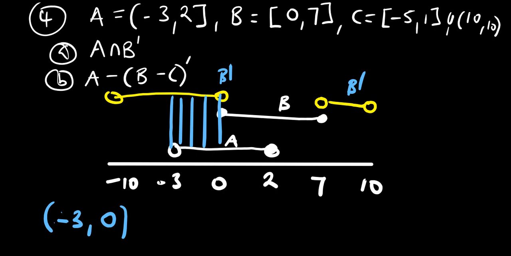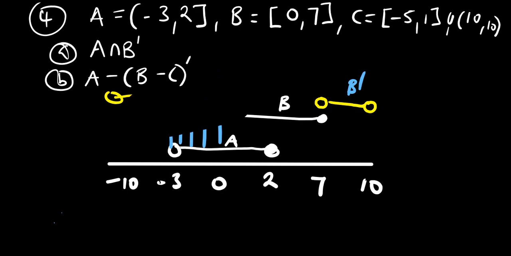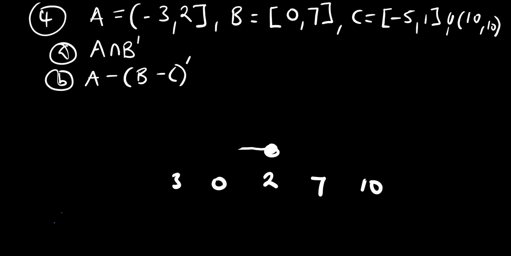Okay, now let's solve the next question. Very interesting question. Allow me to rub this expression. For the second expression, you have to first simplify it before you show it on a Venn diagram or on a number line. That is very important for you to know. So we've got A minus.